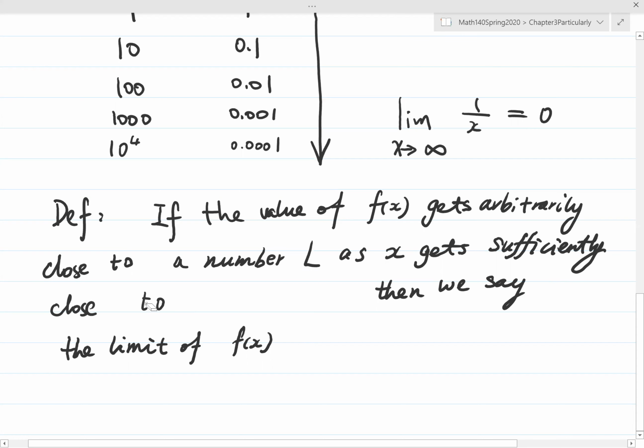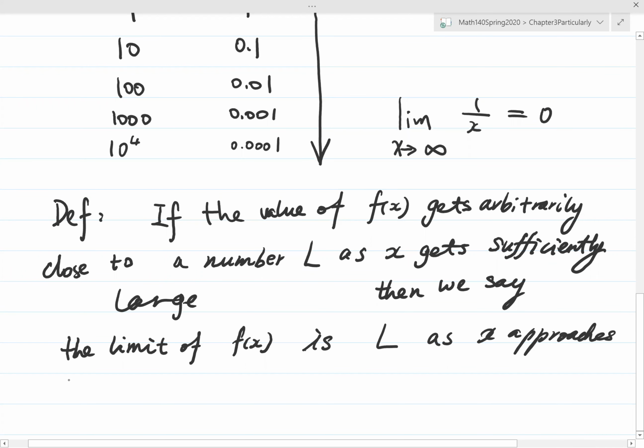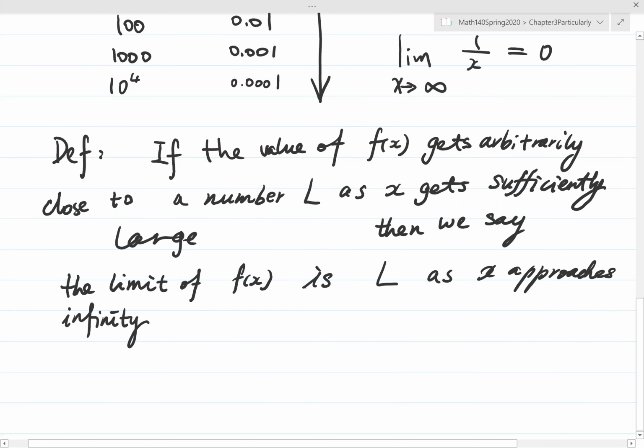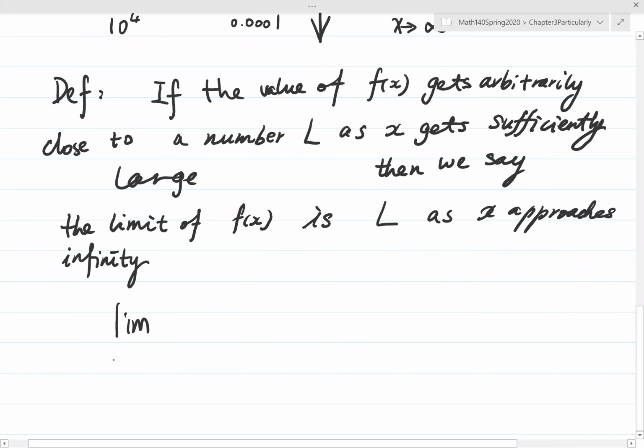If x is sufficiently large, the limit of f(x) is L as x approaches infinity. What we write is the limit as x approaches infinity of f(x) equals L.